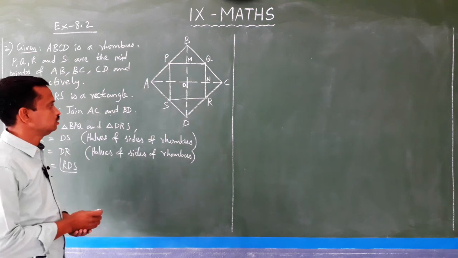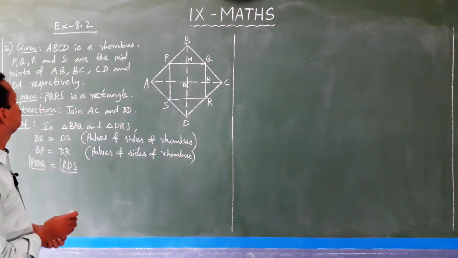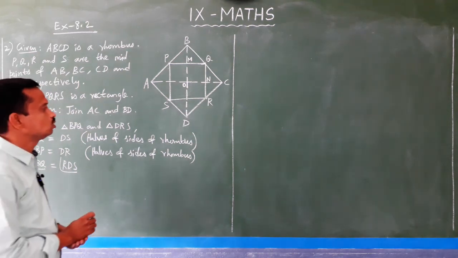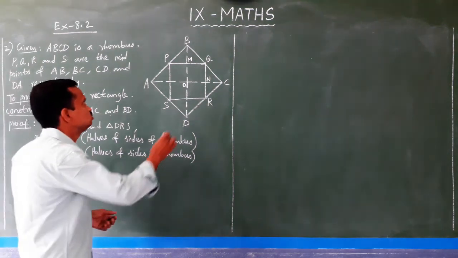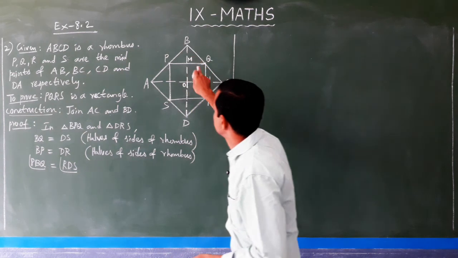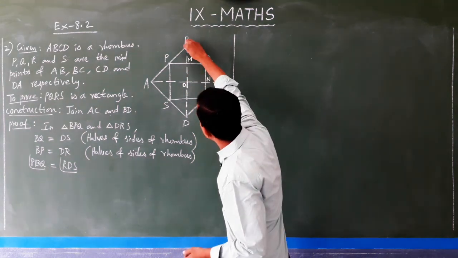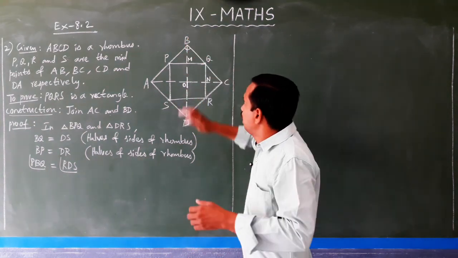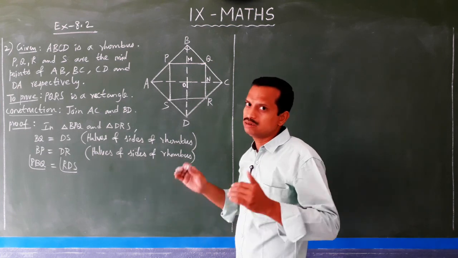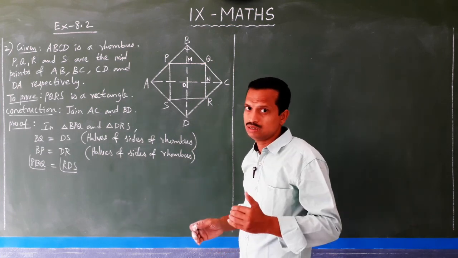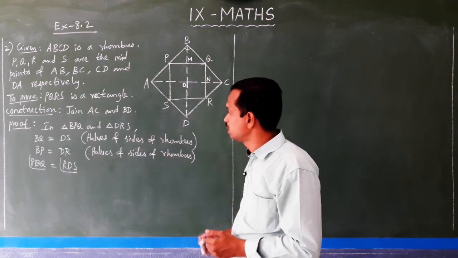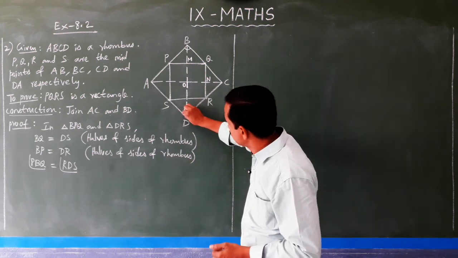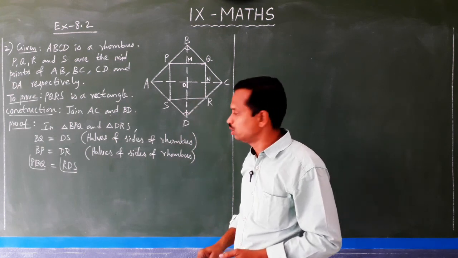Already it is given that ABCD is a rhombus. So in a rhombus, opposite angles are equal. So in this triangle, PBQ is nothing but this angle. This angle is nothing but one angle of the rhombus, that is angle B. Considering the rhombus, angle B, that is PBQ here, and RDS means this angle. So they are equal.